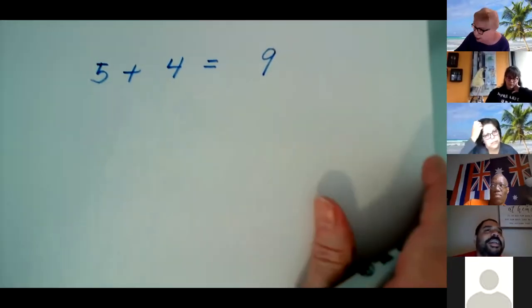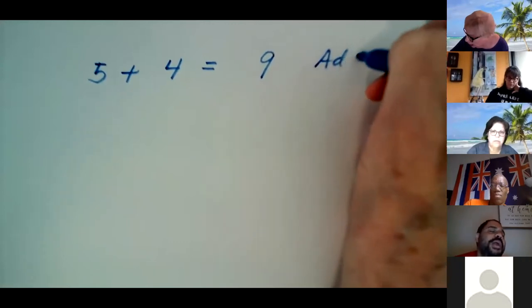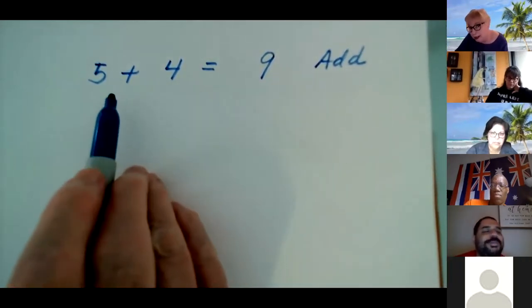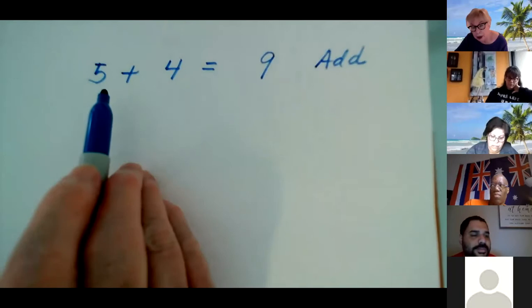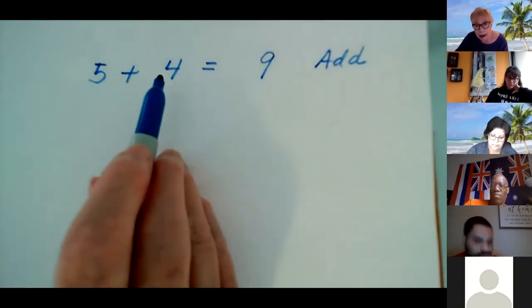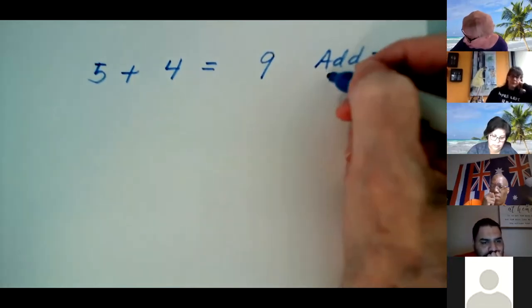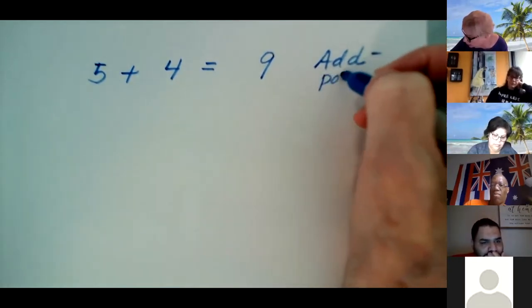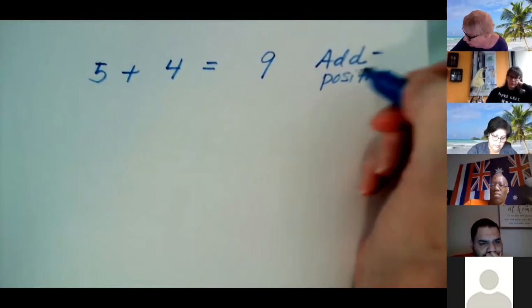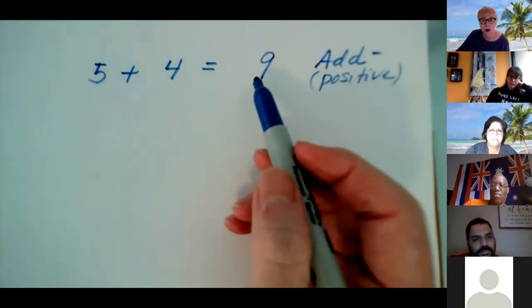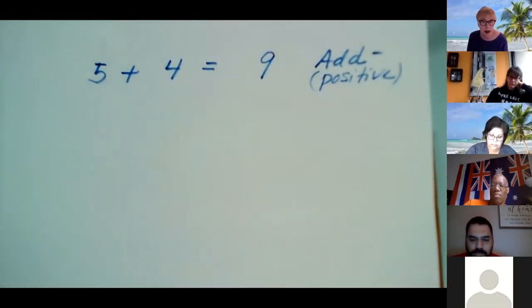And so what I ended up doing is I would add the two numbers. And technically speaking, I'm adding their absolute value. Add a 5, add a 4, and then you add them, and then it's a positive number. Although I'm not going to put a plus sign here because that's unnecessary.